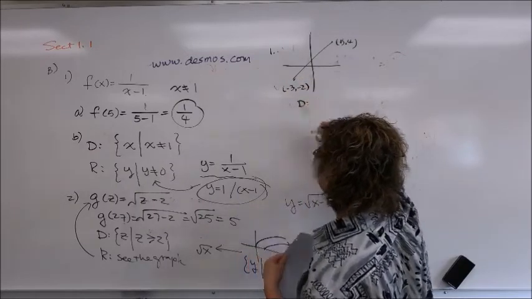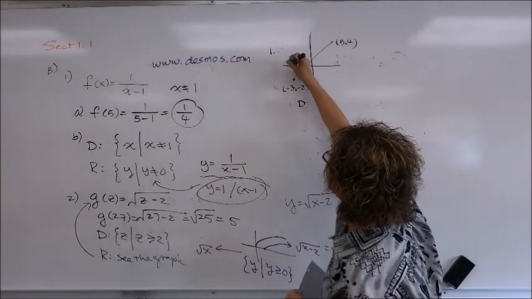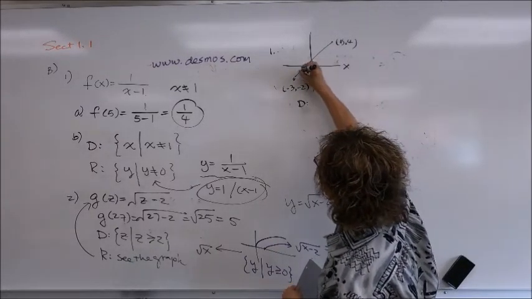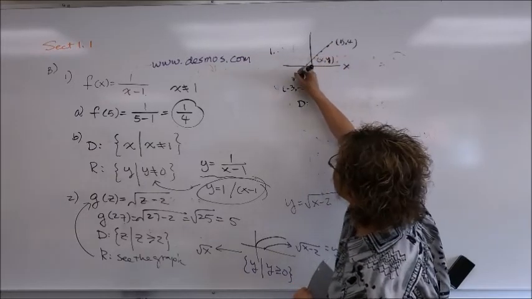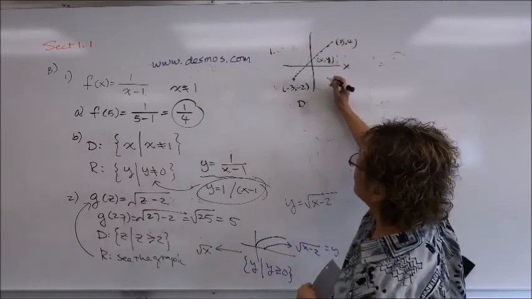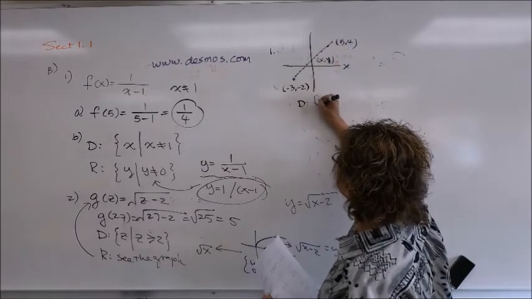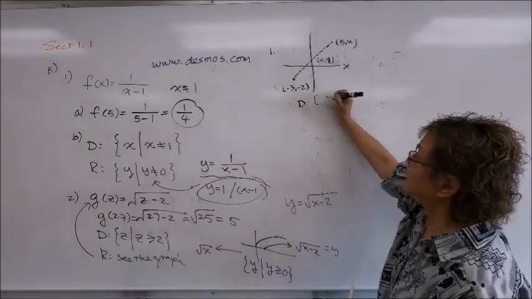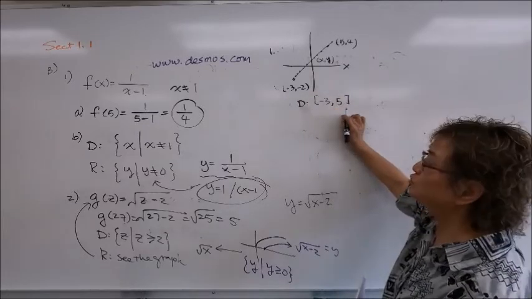What do you think your domain is? Domain is what? All possible x values. That's your x, right? So each point on the line is your x and y. So what's your x value? From here to there, right? So from -3 to 5. So your domain is what? -3 to 5, inclusive.